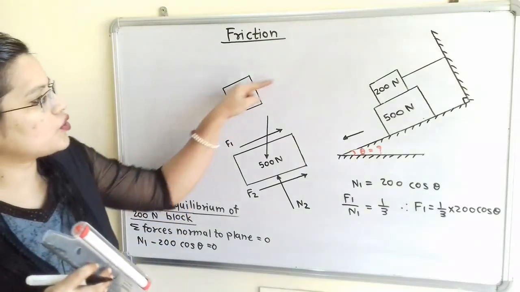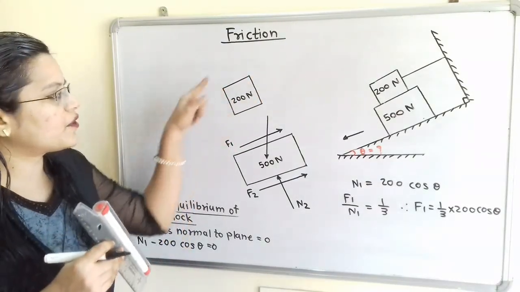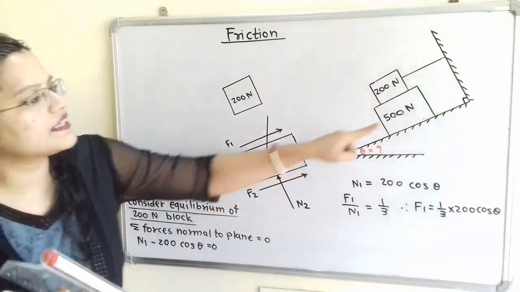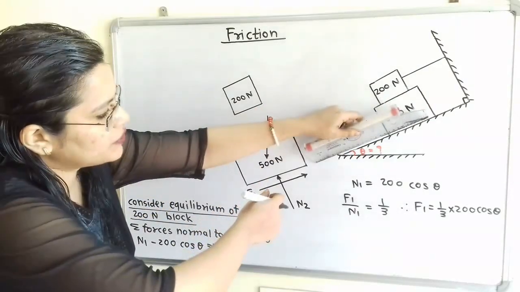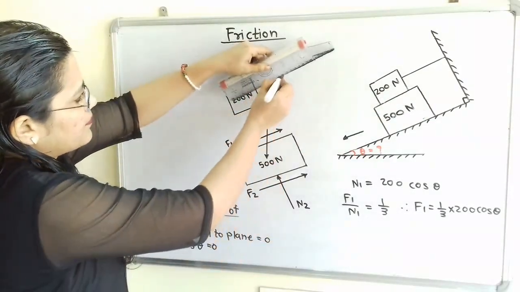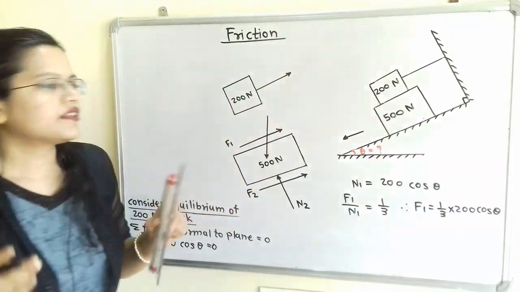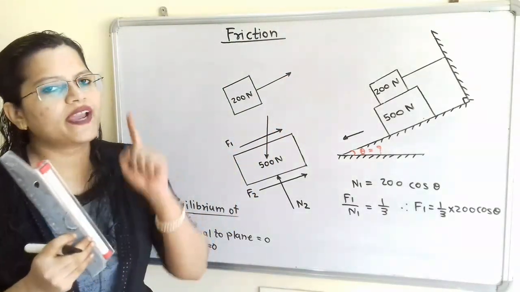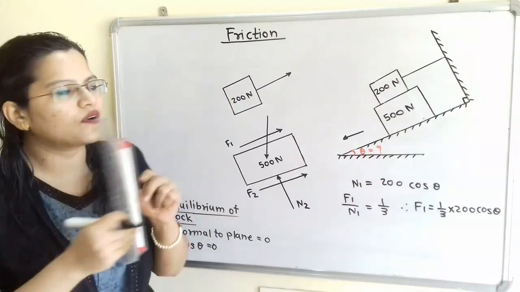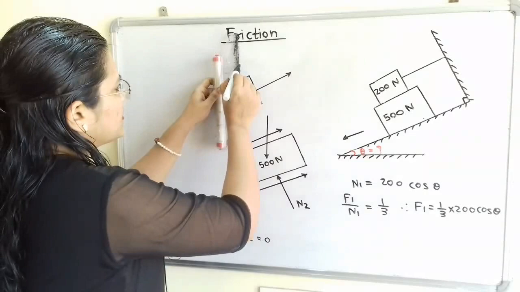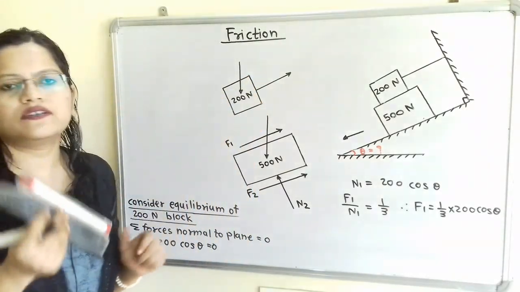So we have to show the tension in the string in the outward direction from this 200 Newton block, but this line is parallel to the inclined line. So we will show here. Now the weight of the 200 Newton block acts in the vertically downward direction passing through the center. So it is 200 Newton.